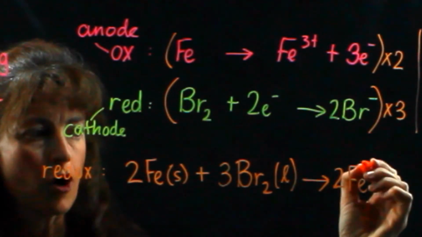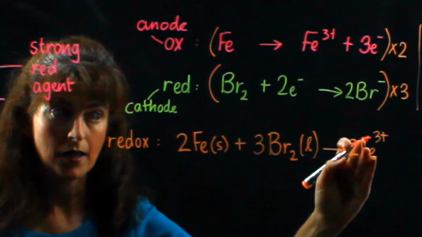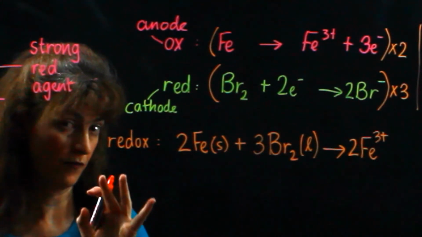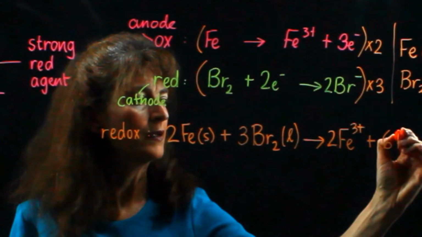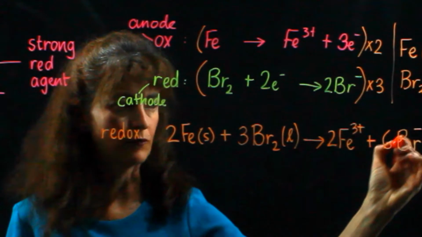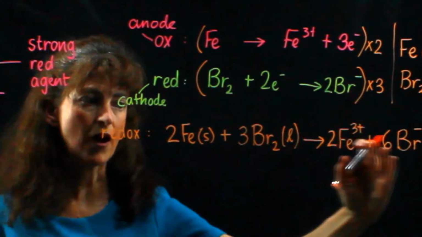With these equations, you can't be lazy and just leave off something like a 3+, because Fe3+ and Fe means something very different. And similarly, with the bromine and the bromide, don't leave off that minus. Notice the 6, 2 times 3. So here we have our balanced equation.